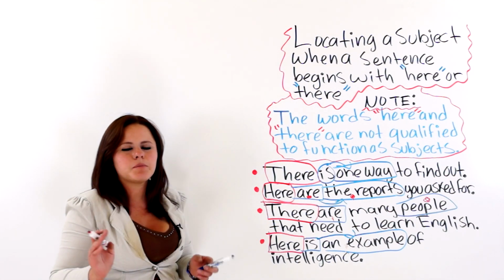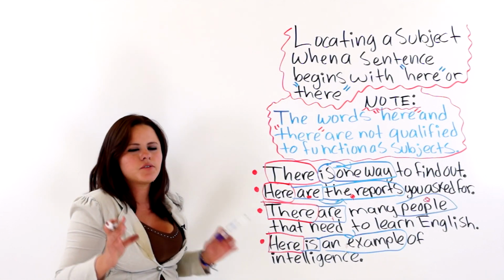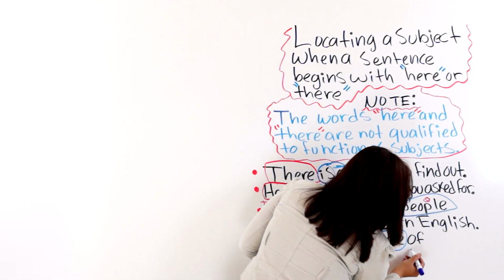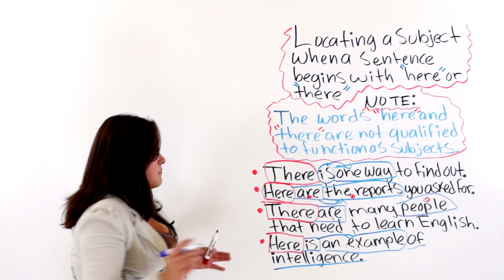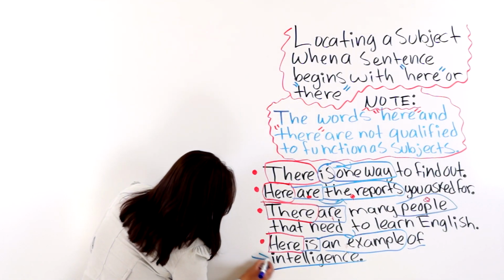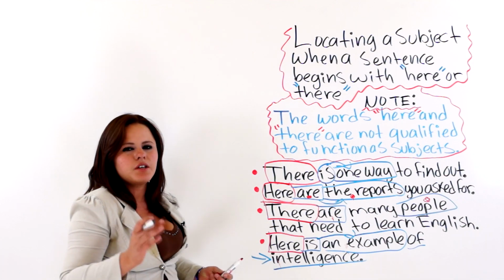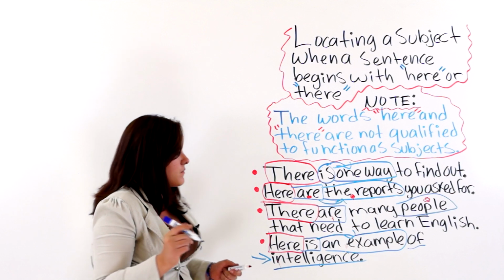Okay? Remember that a prepositional phrase cannot have a subject. You will never find a subject in a prepositional phrase. So if you see here of intelligence, and you sometimes may get confused and think that intelligence is a subject, remember that you cannot have a subject in a prepositional phrase.